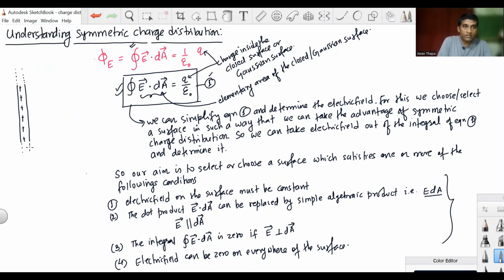So we have an infinitely long thin rod containing positive charge which is distributed uniformly.